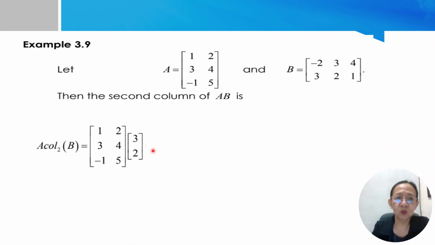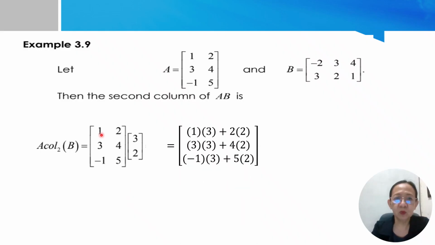Alright. So, our matrix A multiplied to the second column of matrix B. Let us see. We will get 1 times 3 plus 2 times 2, 3 times 3 plus 4 times 2, and negative 1 times 3 plus 5 times 2.